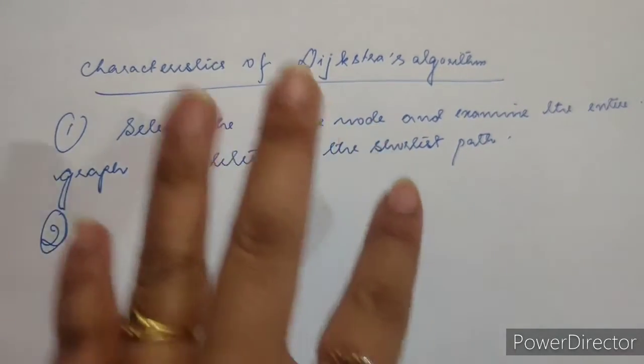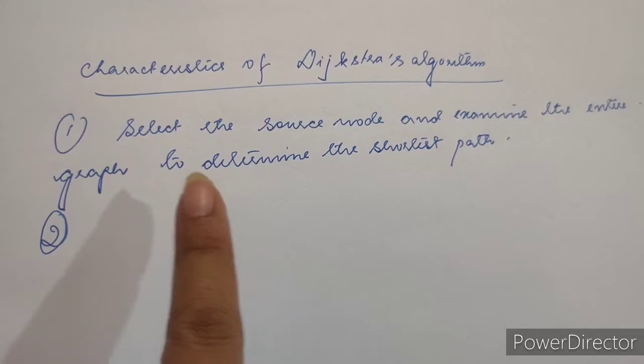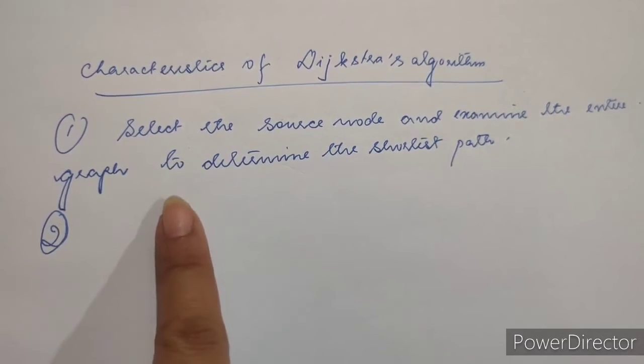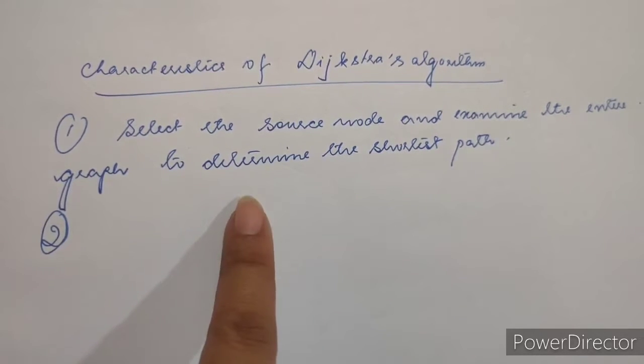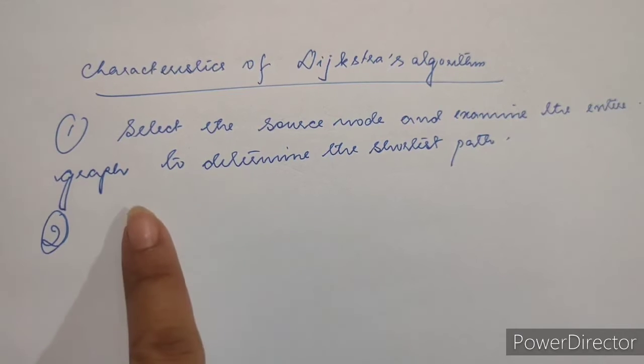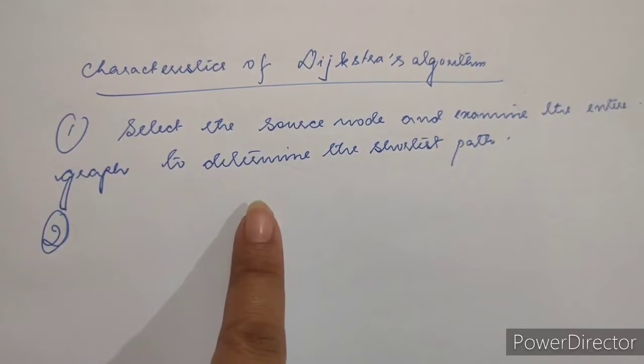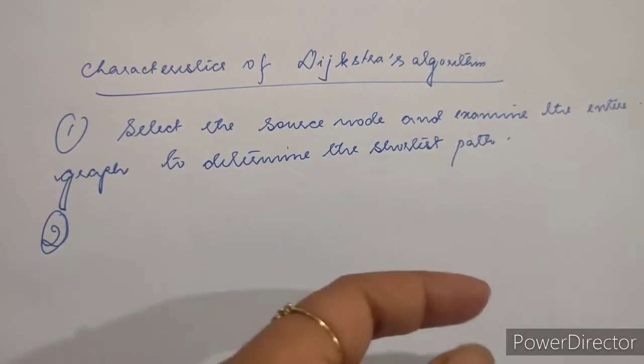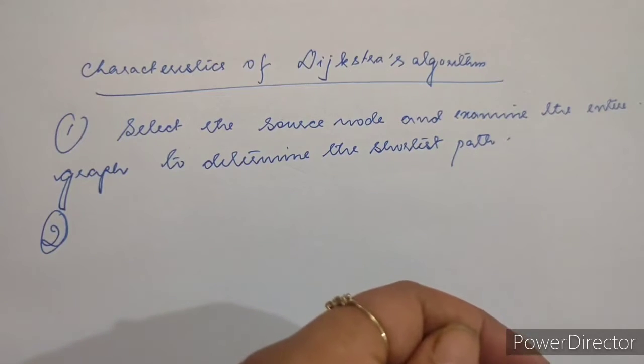Now the second one is that this algorithm keeps track of the currently recognized distance from each node to the source, and updates these values.